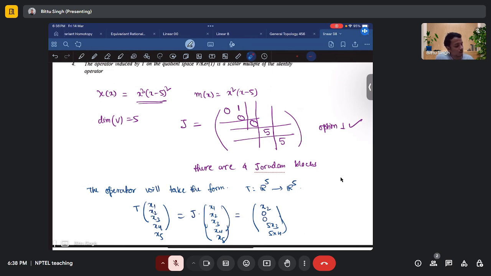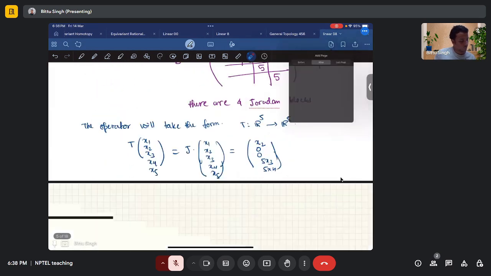Because Jordan form means what? P inverse A P will take this form. That is equivalent to saying there exists some ordered basis with respect to which the operator takes this form.